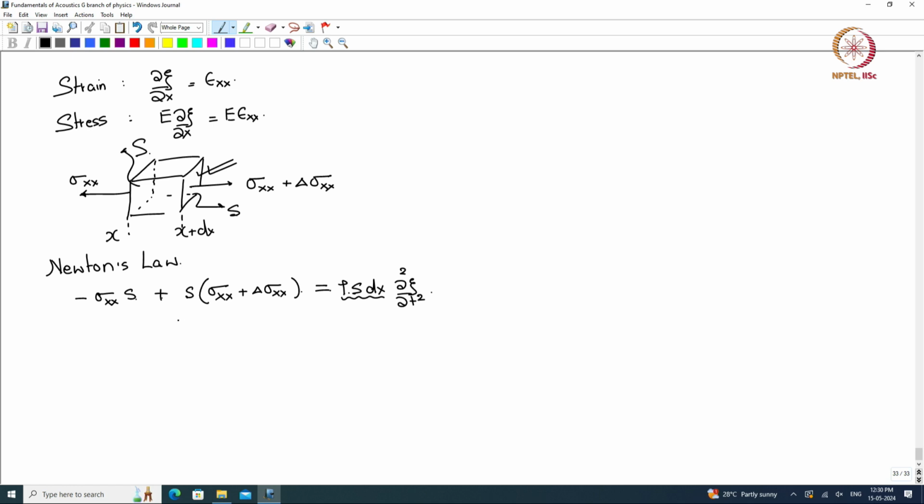So now if we expand the values at x plus dx about x, we get minus sigma xx S plus S sigma xx at x plus del sigma by del x at x equal to x into dx plus higher order terms which we ignore, that is equal to rho into S into dx del 2 xi by del t square.